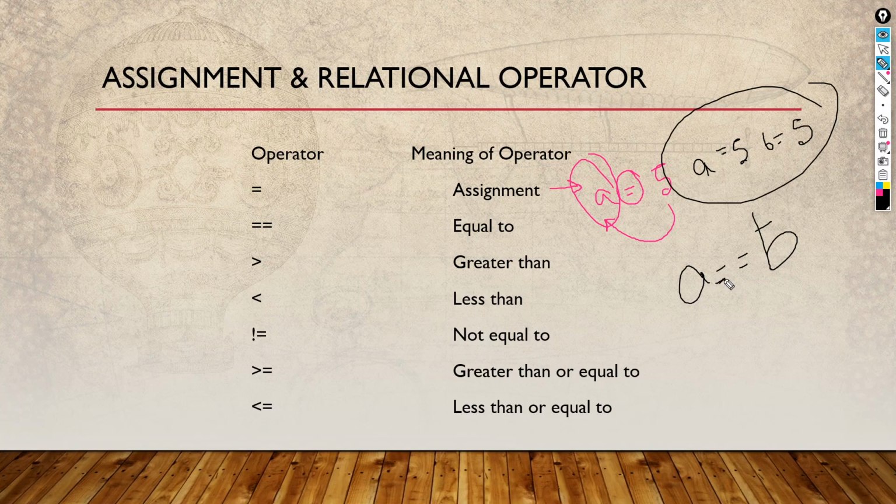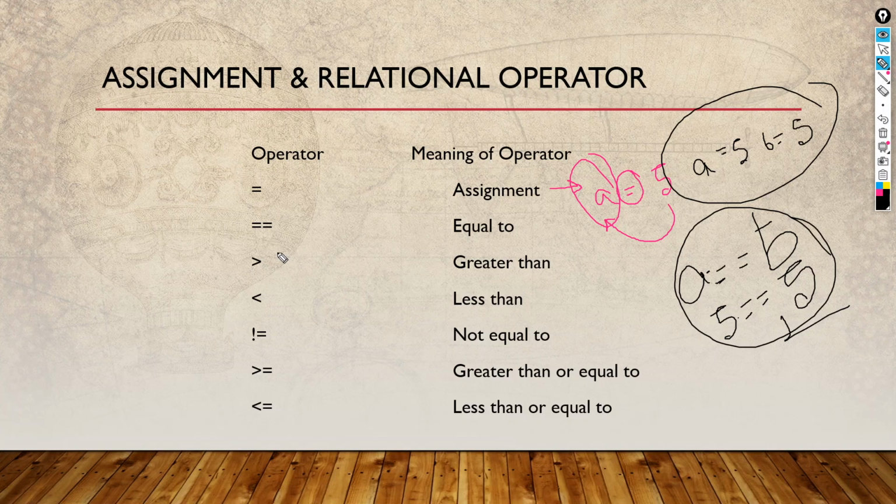When you say a equals equals b, that means this is not an assignment operator, this is the equal to operator. It compares the values of a and b. It checks whether a equals b, and both values are 5, that means it's true. It will return 1.